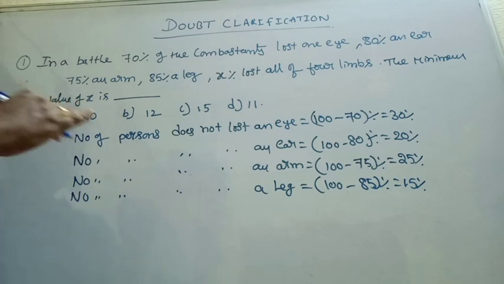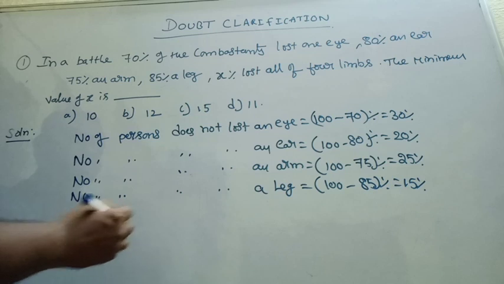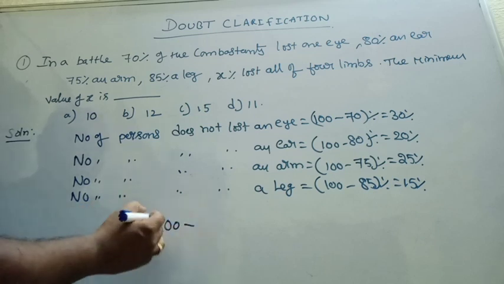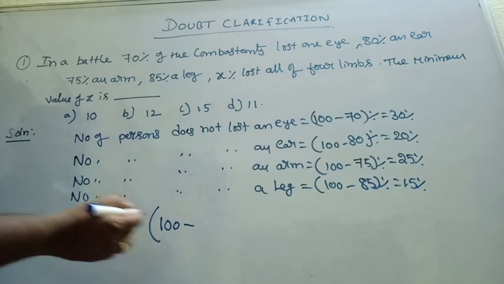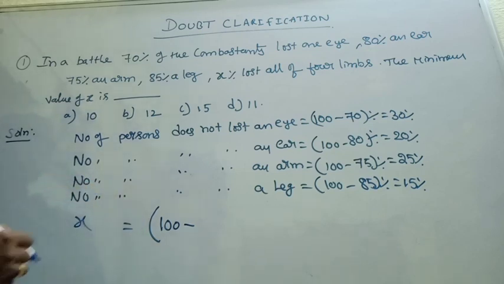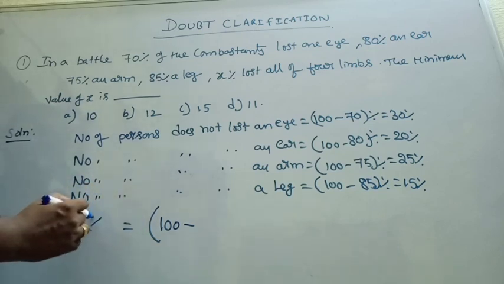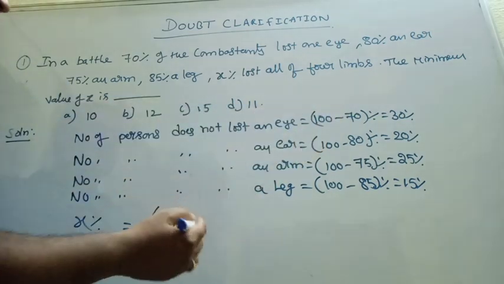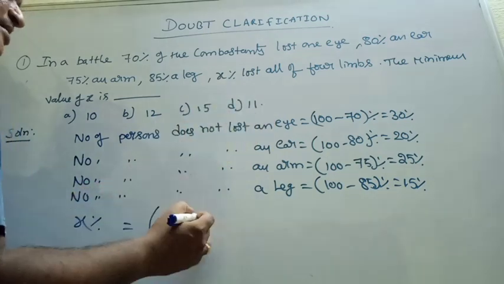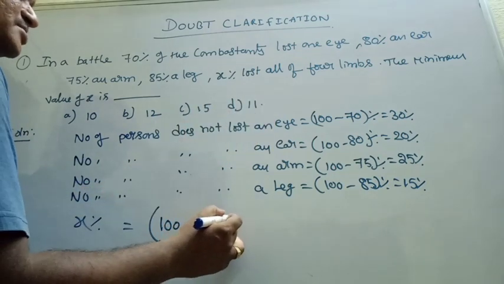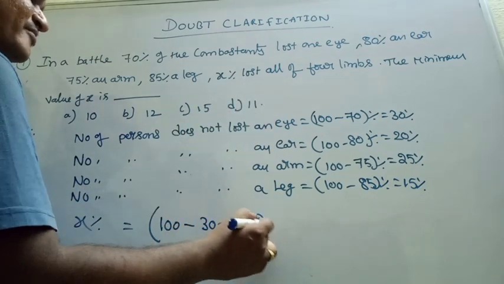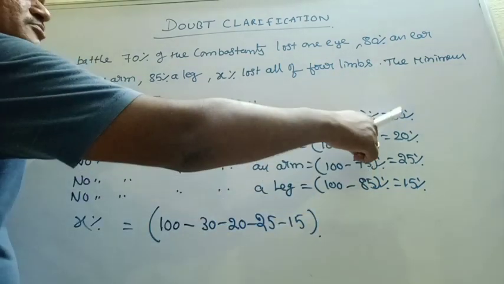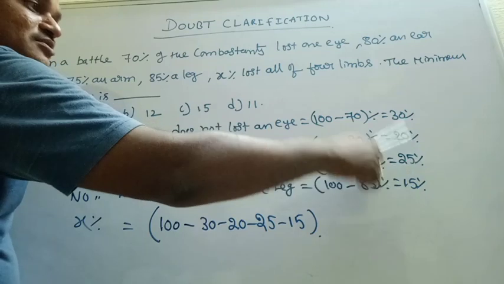X percentage lost all the four limbs means, from 100%, the value of X percentage is equal to 100 minus this 30% who did not lose, 100 minus 30 minus 20 minus 25 minus 15. If you take these who did not lose, these people did not lose anything.